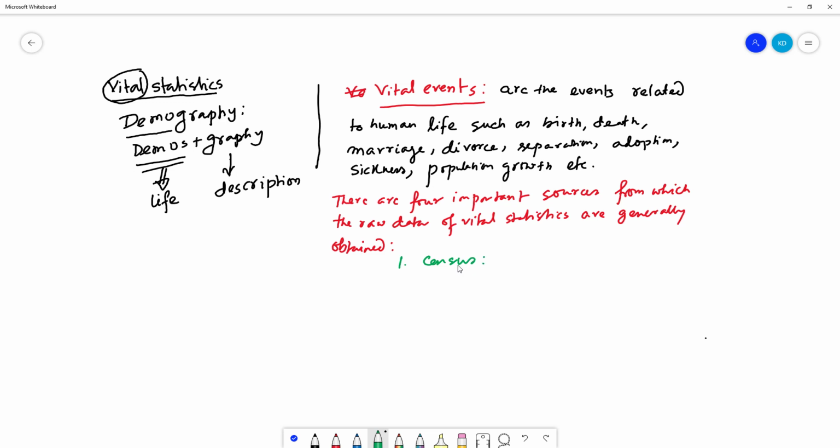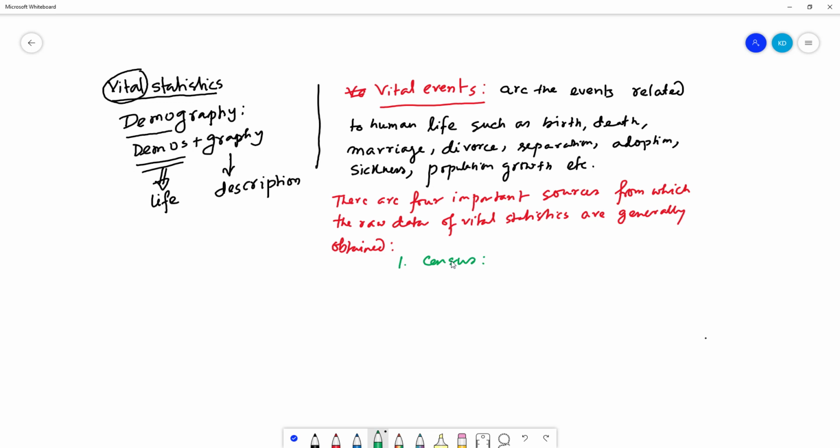A census represents a comprehensive profile of a country's population. Census operations are conducted in almost all countries at intervals of 10 years.